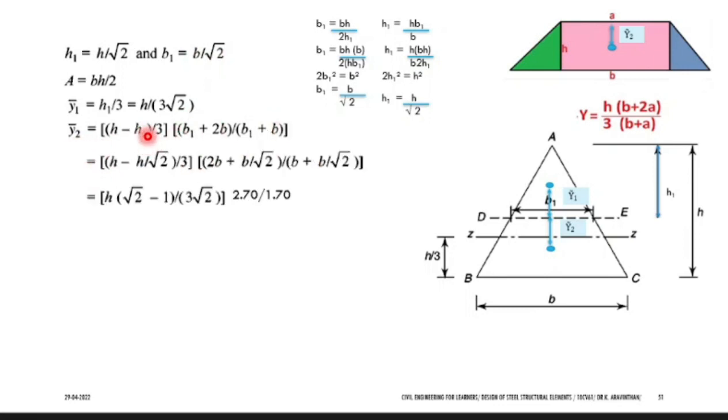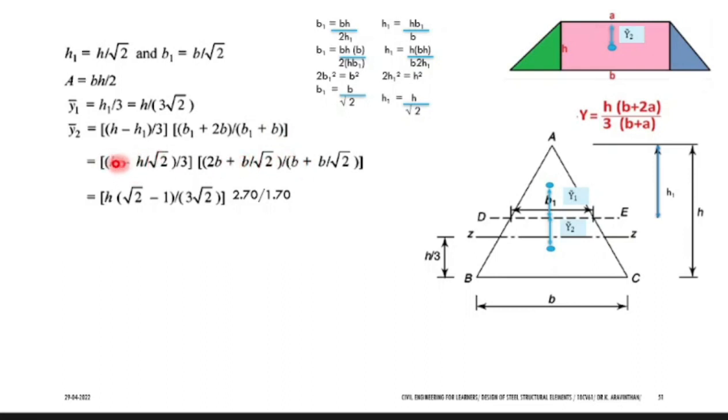See, instead of H1 you can substitute H by root 2. Here we have written H by root 2 and instead of B1 you can write B by root 2. Instead of B1 here you have written B by root 2, this is 2B, and here you can write B by root 2 and this is B. Now what you can do is take H commonly.